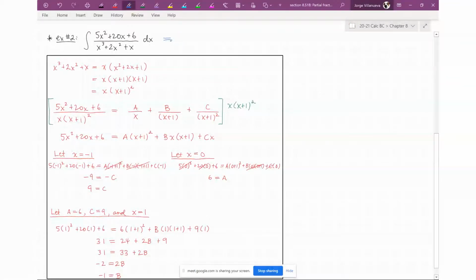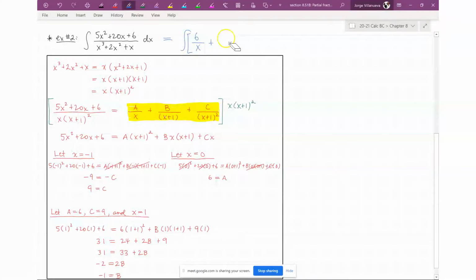Now, remember, I'm going to focus on this part right here. I'm going to focus on the breakdown, the ABC portion, because I know my ABCs right there, so I can do that. So I'm going to integrate. My A is a 6, so it's 6 over x.